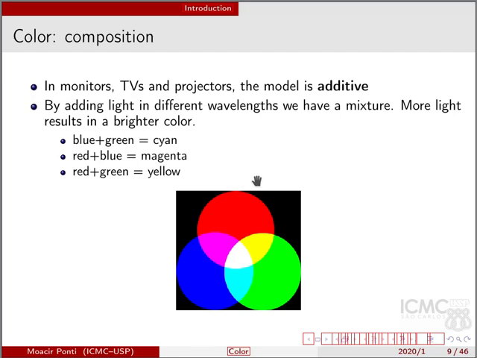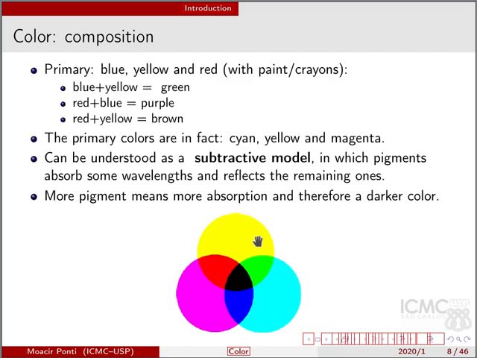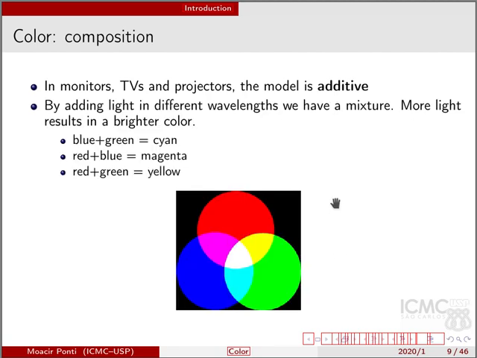More light results in a brighter color, the opposite of the subtractive model, where increasing the amount of pigment makes a darker color. In the additive model, when we increase the light, we make a brighter color. In this case, blue and green produce cyan, red and blue produce magenta, and red and green produce yellow.